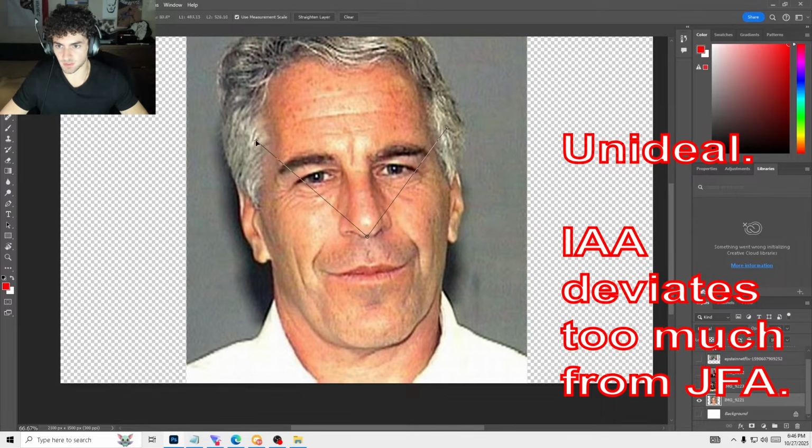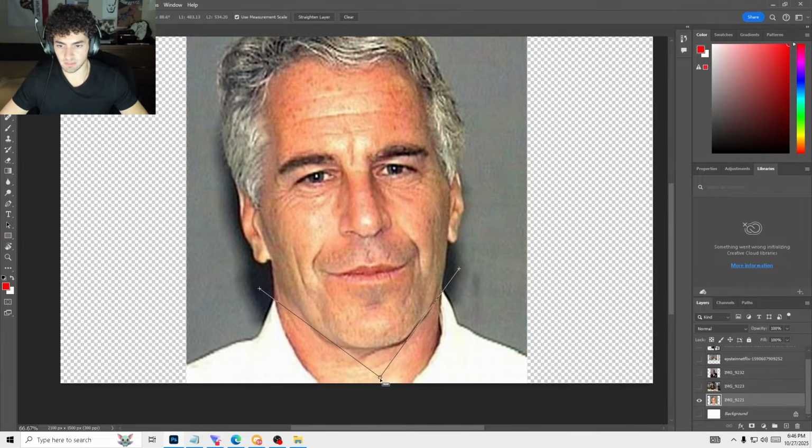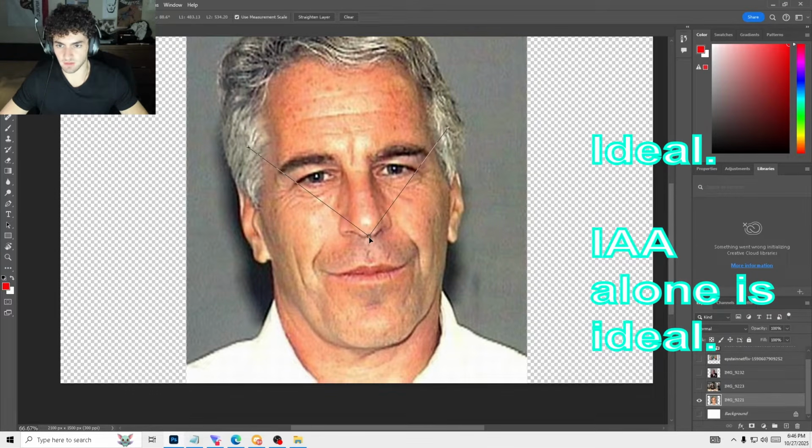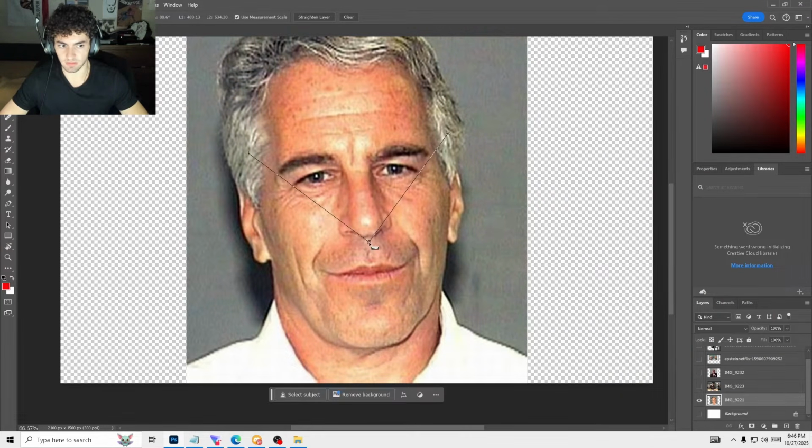You need to open it up a little bit to get it to perfectly align at his lateral canthus, which then gets you an angle of 87 or 88 degrees roughly, which deviates from his jaw frontal angle by about 7 to 8 degrees, which is a flaw in itself. His ipsilateral alar angle alone of 88 isn't a flaw, so I don't mark him down on that, but I mark him down on the deviation between his jaw and his ipsilateral alar angle.